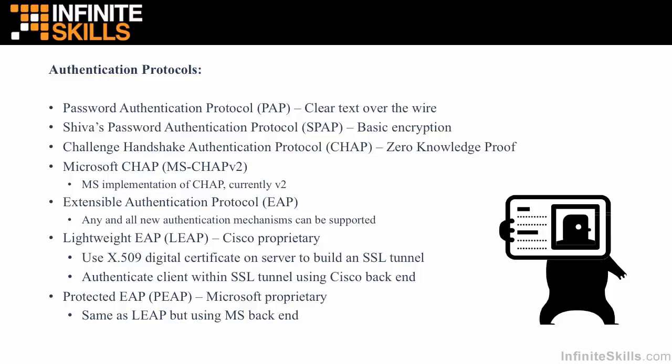It then can be used to establish an encrypted channel, an SSL tunnel, secure sockets layer tunnel, between the client and the server. And then we can implement additional authentication mechanisms inside the encrypted tunnel. However, this requires more of a Cisco backend to support the lightweight EAP, since it is Cisco proprietary authentication.